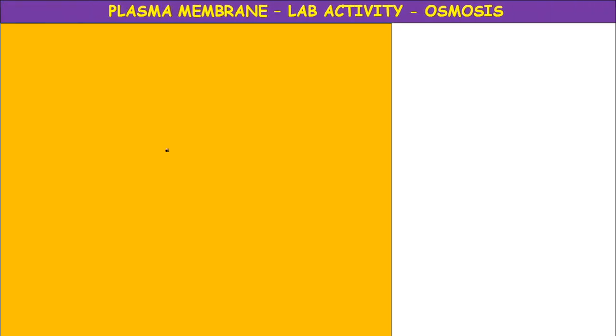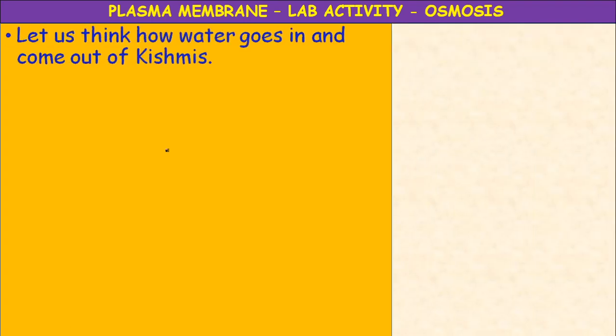So lab activity, in order to understand the concept of osmosis, let us think how water goes in and out of kishmish. Okay, we have done two experiments. One is taking a dry kishmish and keeping it in tap water. After 1 hour we observed that the kishmish swells due to the entry of water from the beaker into the kishmish.